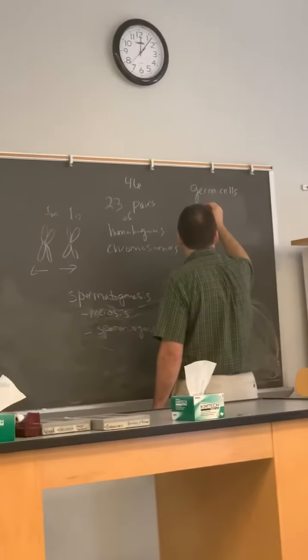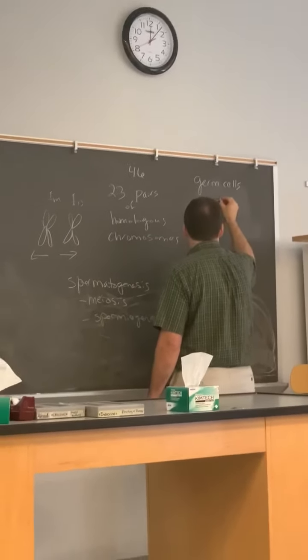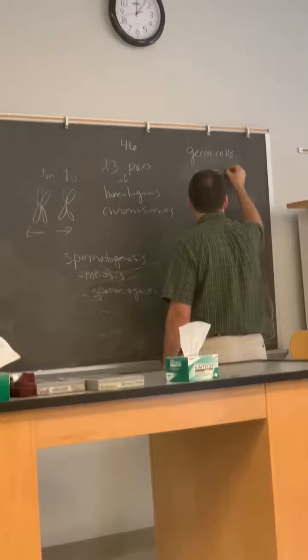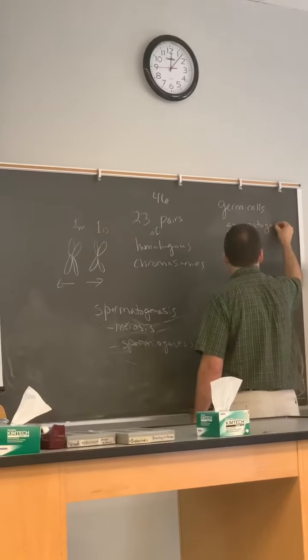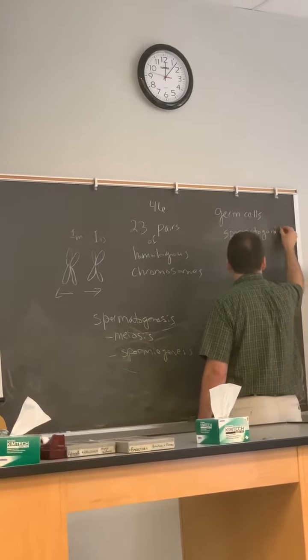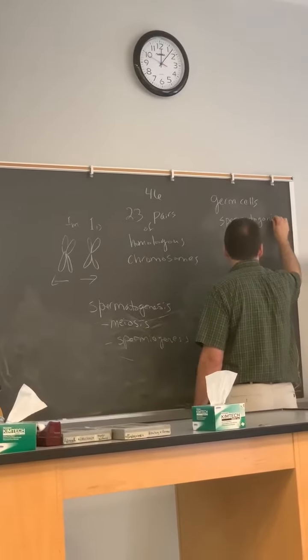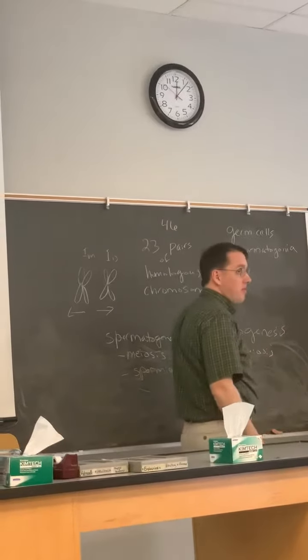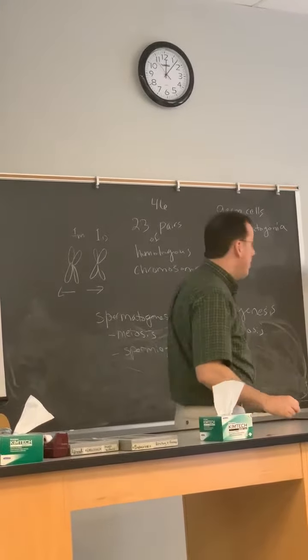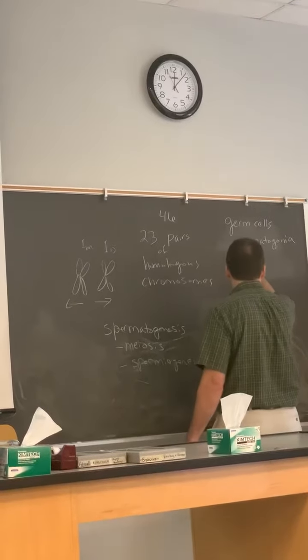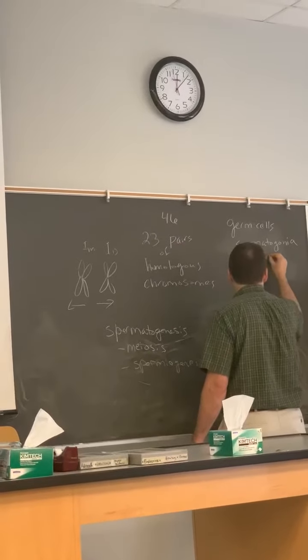In the male, they're called spermatogonia. Spermatogonium would be the singular. In the female, they're called oogonia.